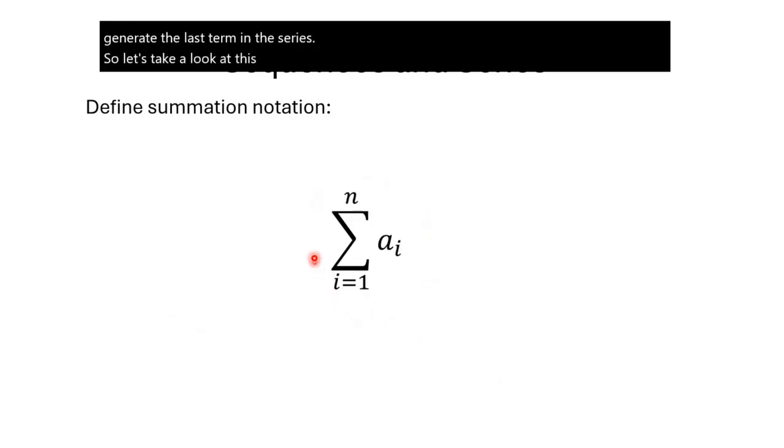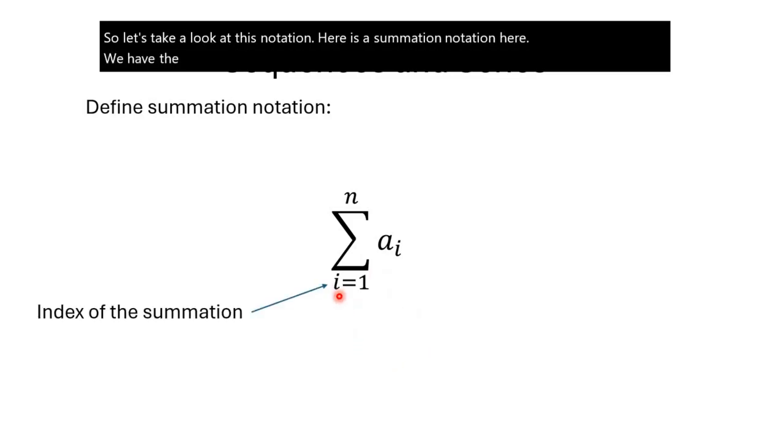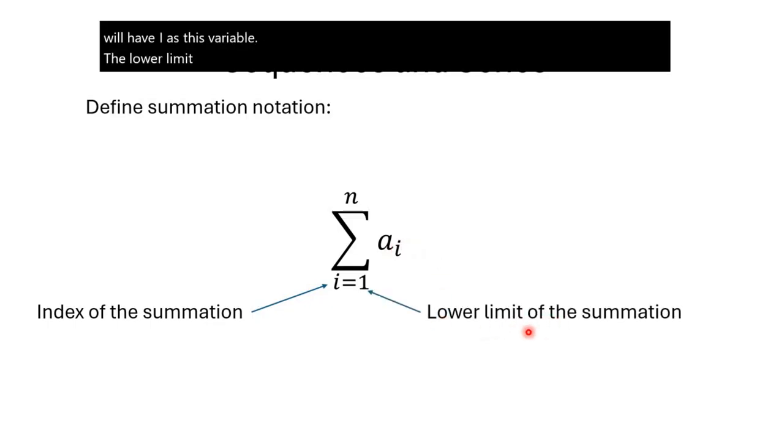So let's take a look at this notation. Here is a summation notation. We have the index of the summation, this variable I, and you notice that the explicit formula will have I as the variable. The lower limit of the summation is the number used to generate the first term in the series.